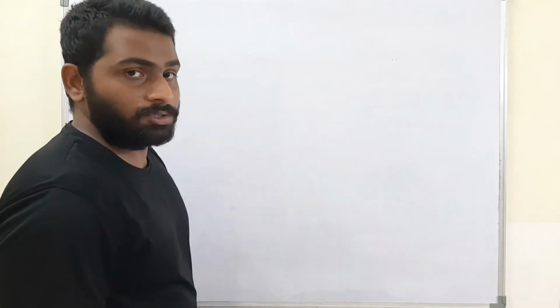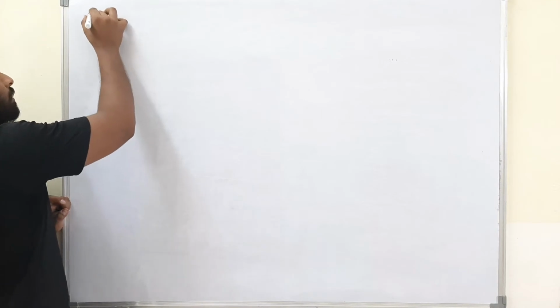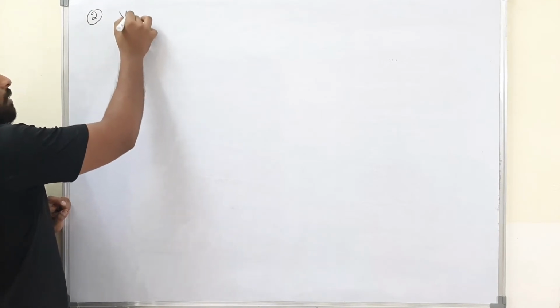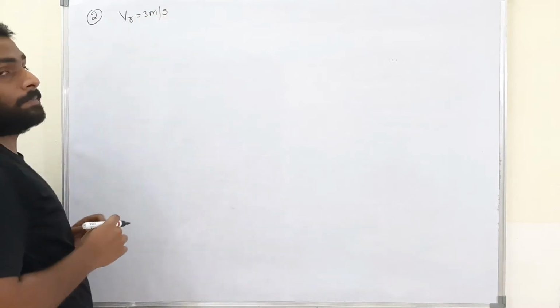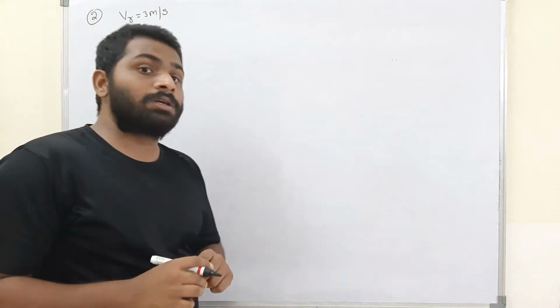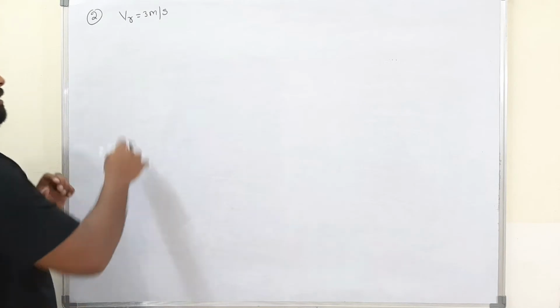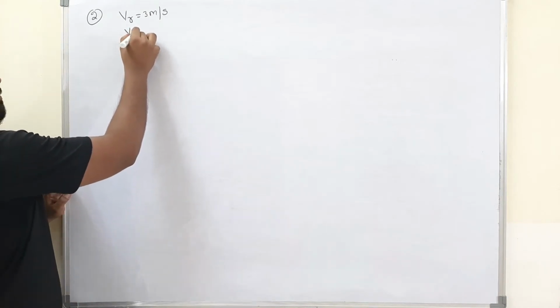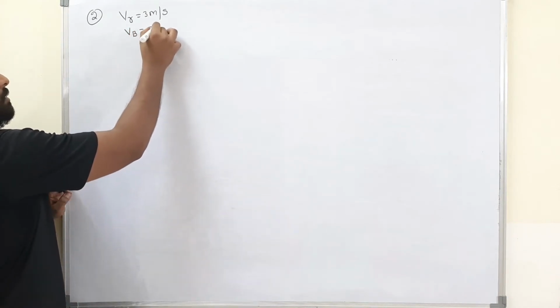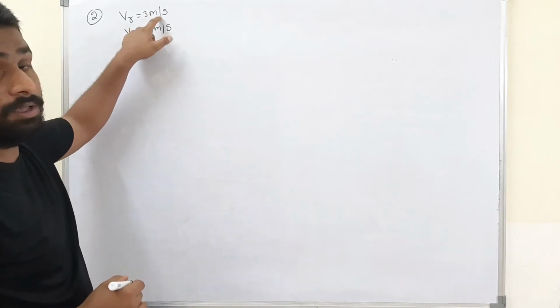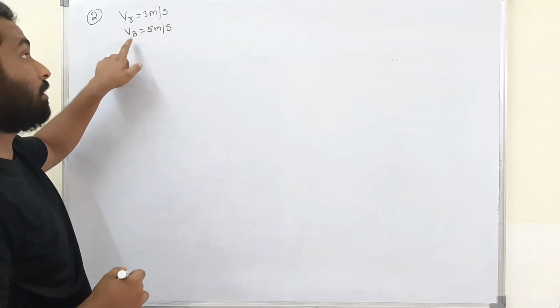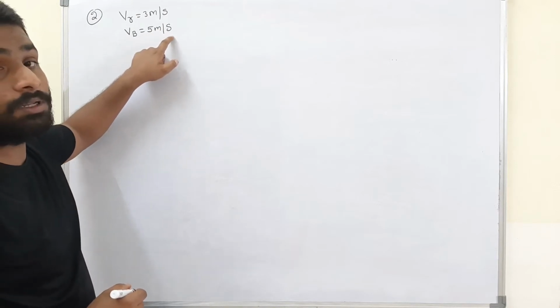Okay, now we will see the next question. Second question. The velocity of the river is given as 3 meters per second and the velocity of boat is given as 5 meters per second.